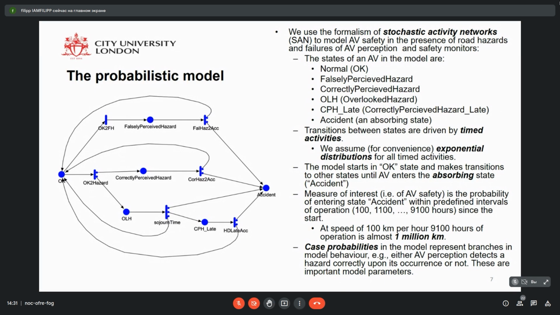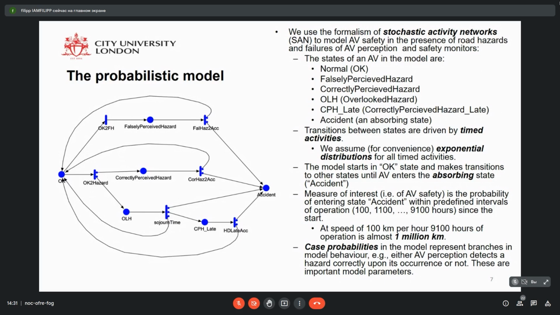So this, in a sense, is telling you how increasing the time will affect the probability of having a safety-related event, which is entering the absorbing state of accident. By the way, these intervals go from 100 up to 9,100 hours of driving.